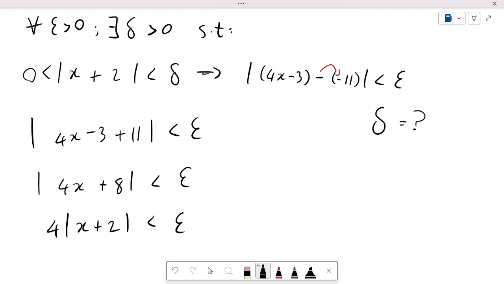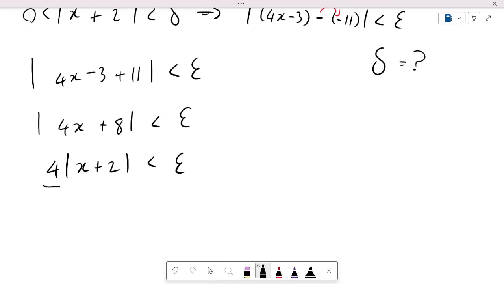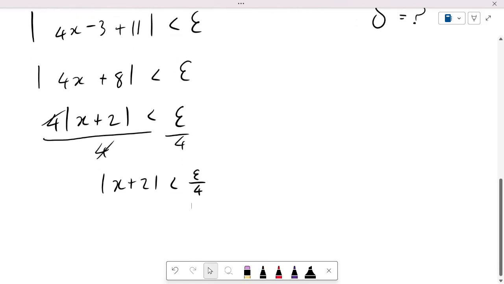So because of that information, we can see that we have to get the absolute value of x plus 2 on its own. So we have to divide both sides by 4, such that these will cancel, and then this will be the absolute value of x plus 2 is less than epsilon over 4. All right, and what else do we know about this?